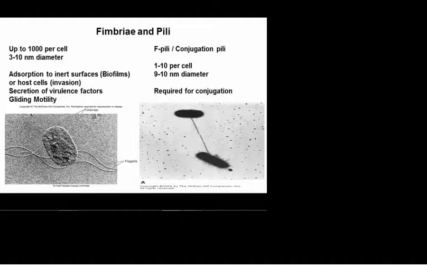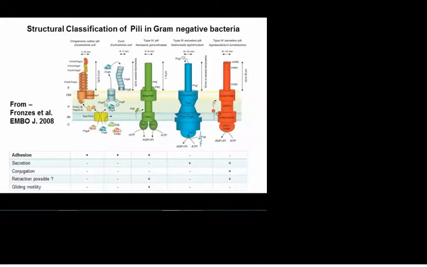Now, there are quite a lot of different functions here. And fimbriae and pili do not have the same structure. There are different types. So which type can mediate which function?